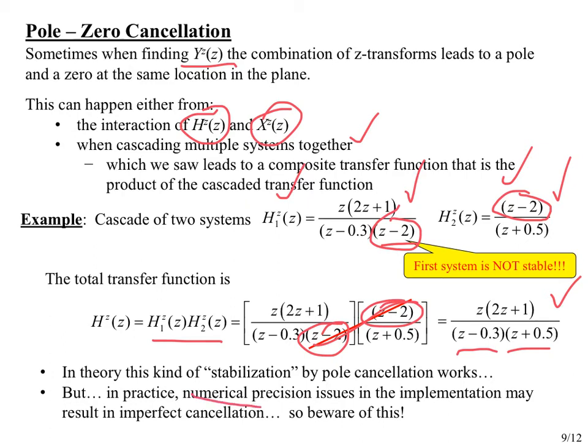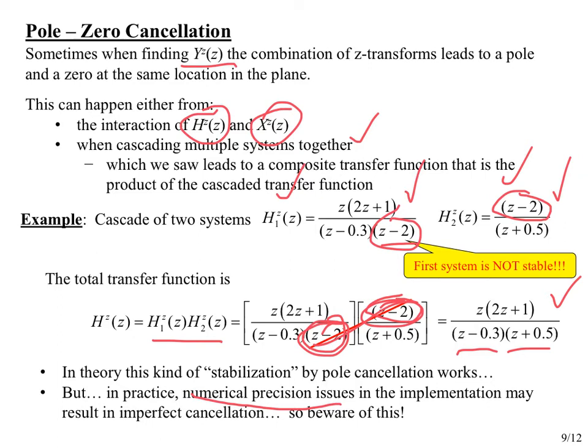So numerical precision issues may end up in this pole and this zero not being exactly at the same place, so they don't quite exactly cancel each other. So what looked on paper like a stable system ends up being one that could be really unstable.